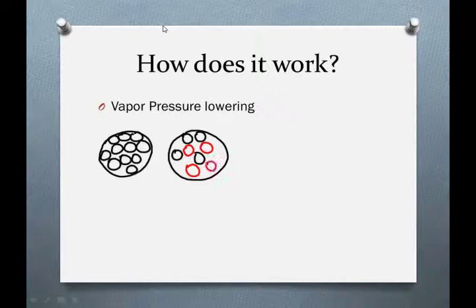And if they're non-volatile, meaning they don't evaporate easily, that means that now there aren't as many exit points for the solvent from the surface of the liquid. They can't leave from these areas because those are solute particles.